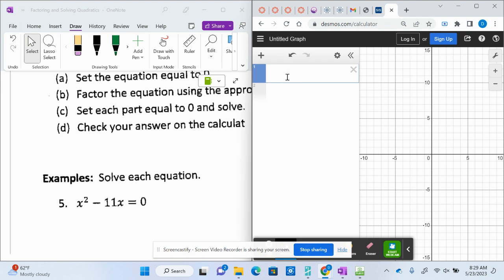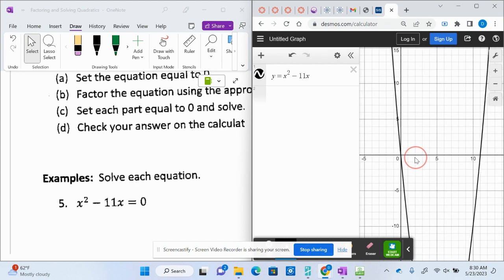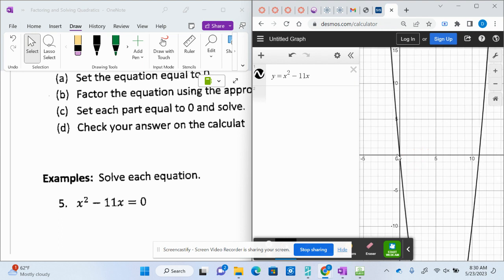So I'm just going to type in y equals x squared minus 11x. Okay, and I'm going to show you that there are 2 places where my graph crosses. Yes. Are these the type of problems where we wouldn't have a calculator?